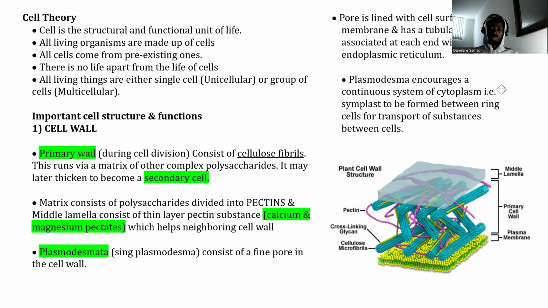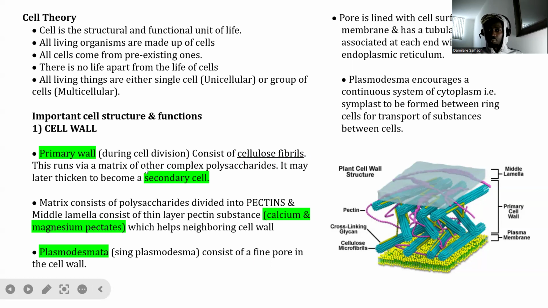So the cell wall, we talked about the cell wall earlier. We said cell walls are found in plants, so everything we'll be talking about here will be more about plants, because animals don't have a cell wall. Now the primary wall of a plant, during cell division, consists of cellulose fibrils.